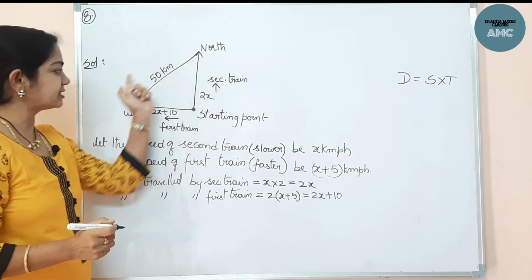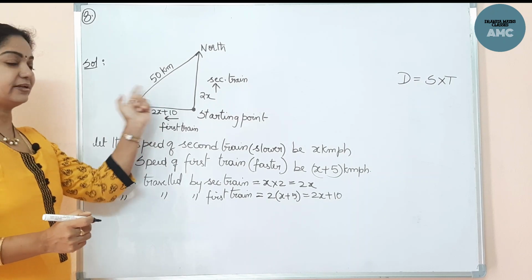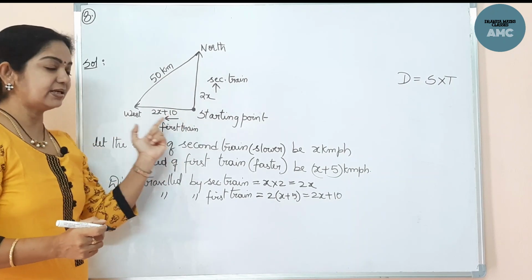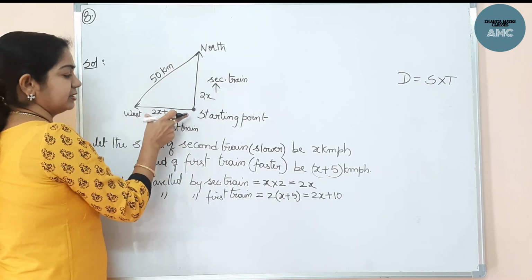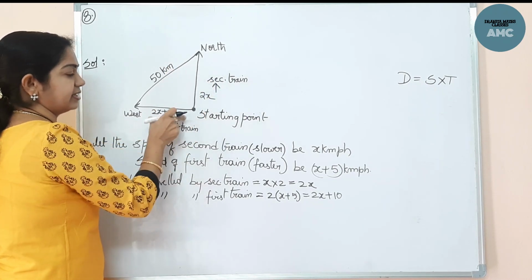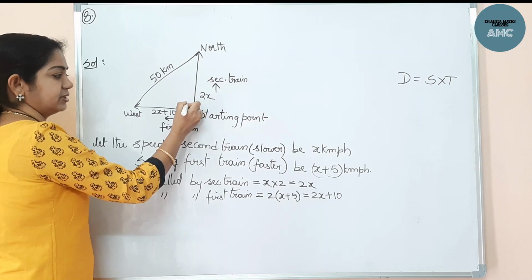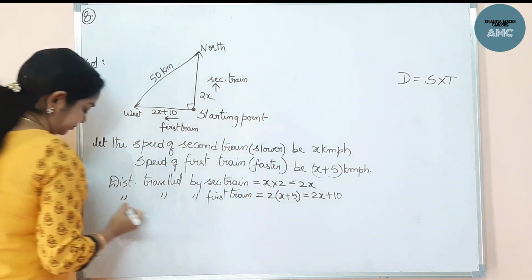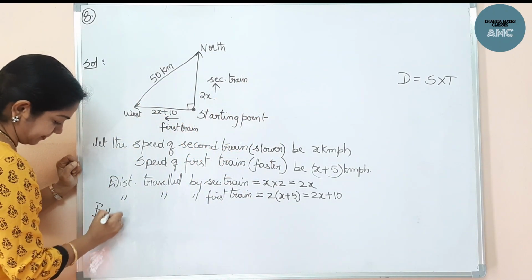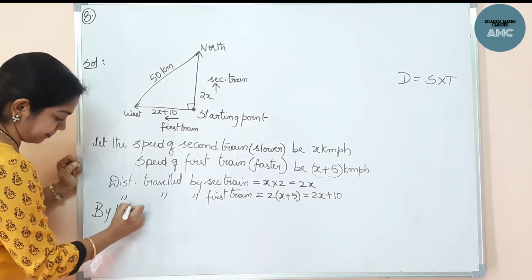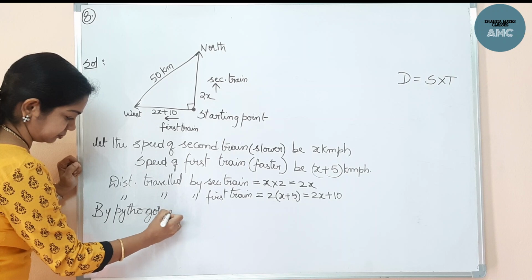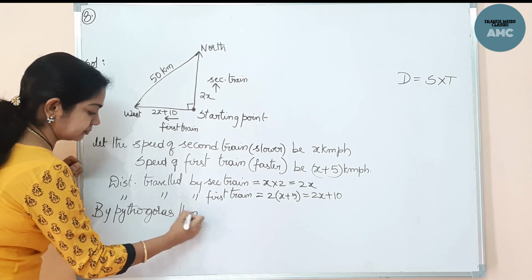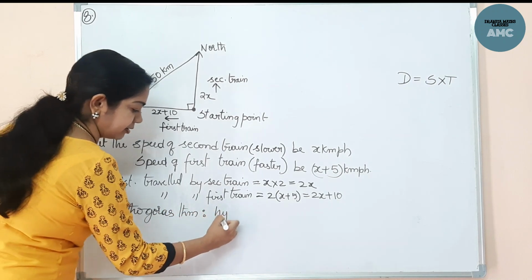And also we can see that this is a right angle triangle. Now in a right angle triangle, we will be applying the Pythagoras theorem. See, these are the sides, and this is the hypotenuse, right? Now by Pythagoras theorem, what does it say?